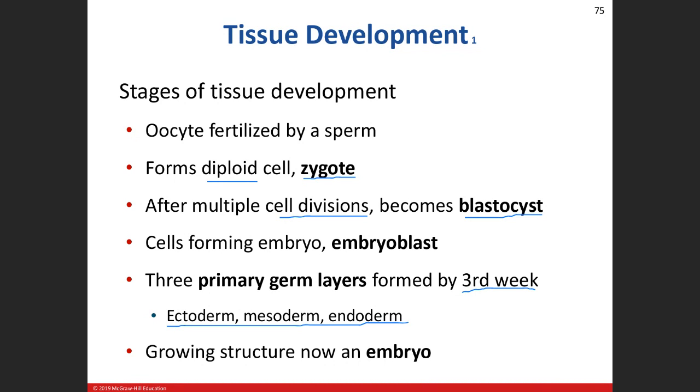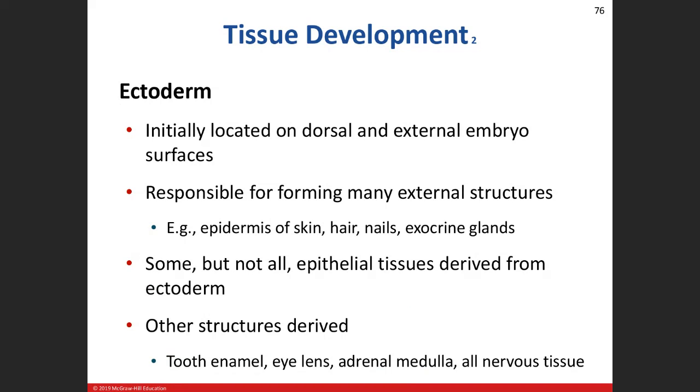Once that occurs, now we're referred to as an embryo, hence embryology. So that first germ layer, the ectoderm, will essentially be on the back and external or outside. If you're looking at an actual embryo, you'll see the ectoderm. This is what happens initially.